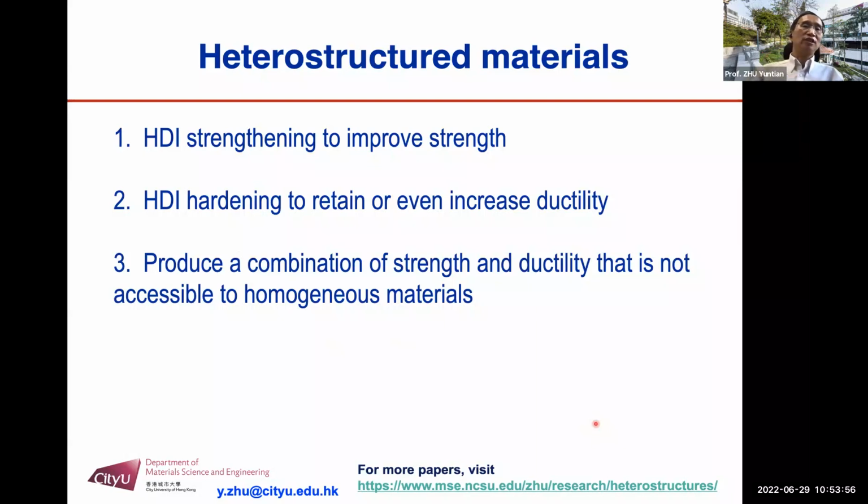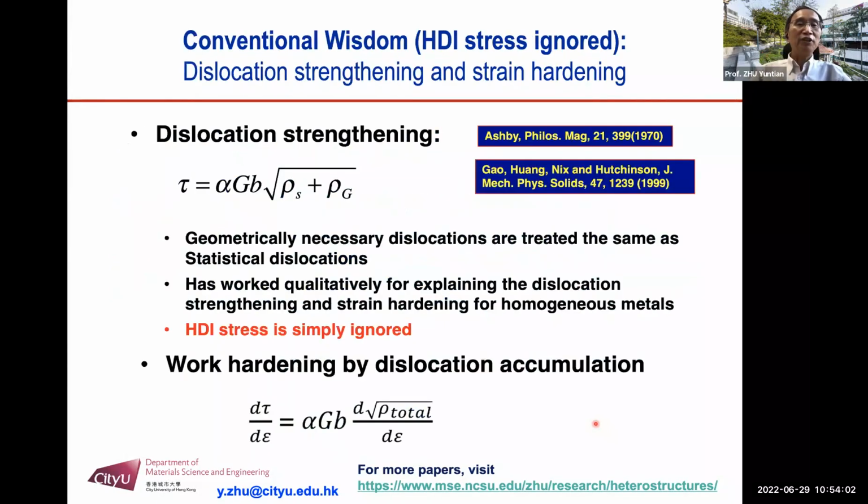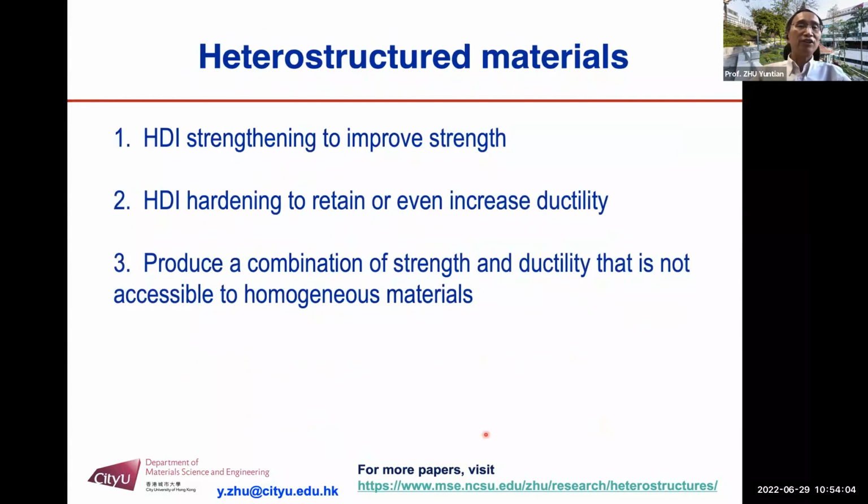So now we have defined what ideal strengthening and ideal hardening are. Ideal strengthening is the ideal stress at the yielding point. If you measure the ideal stress at the yielding point, that causes ideal strengthening because that increases the yield strength.